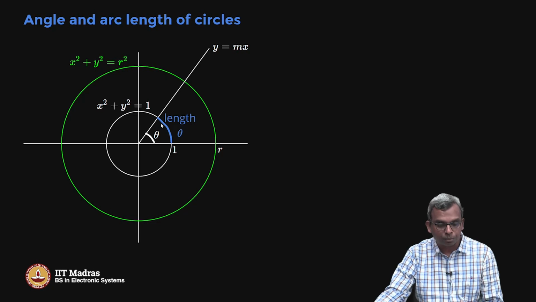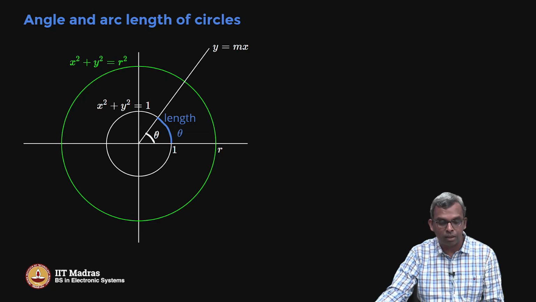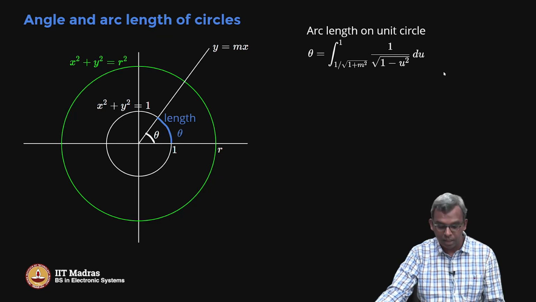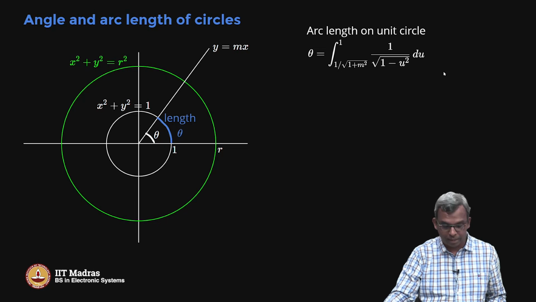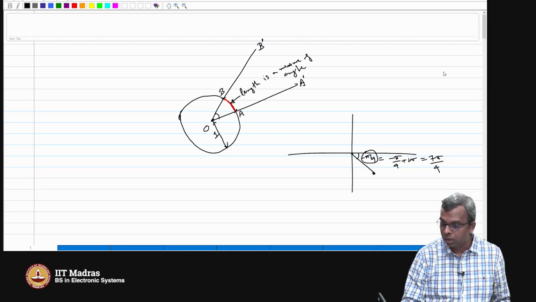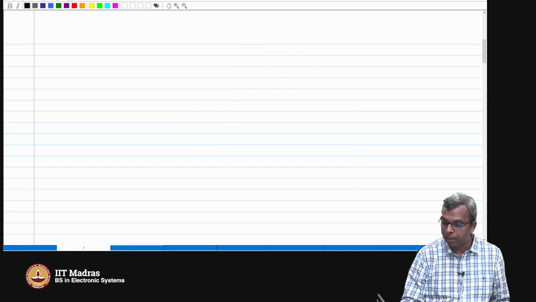An interesting observation immediately is that this arc length can be written as an integral. We know how to write arc length as an integral. Let me quickly remind you of how I got one point here.